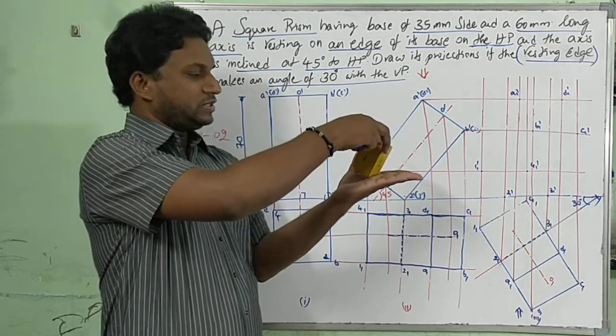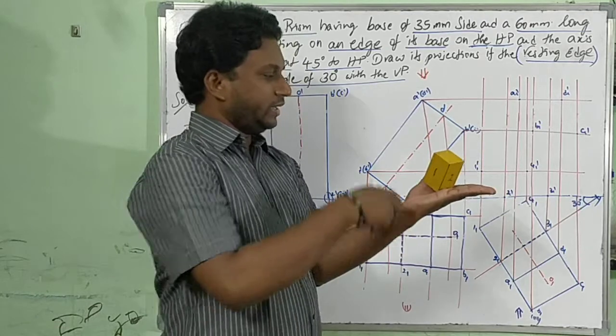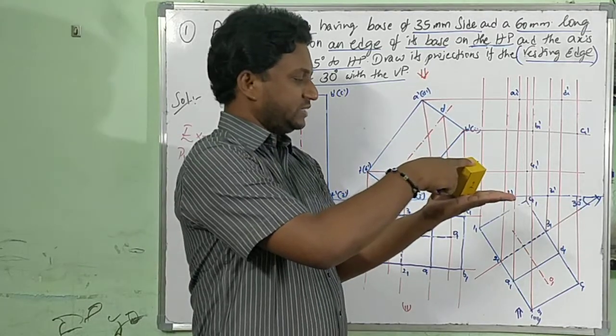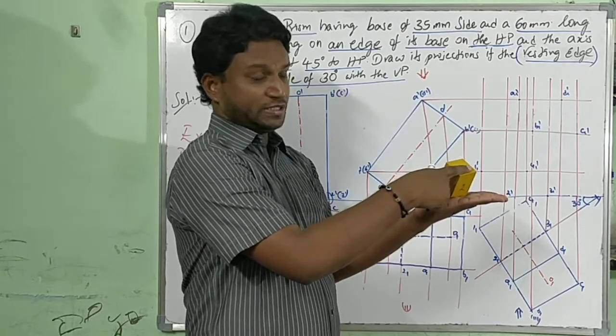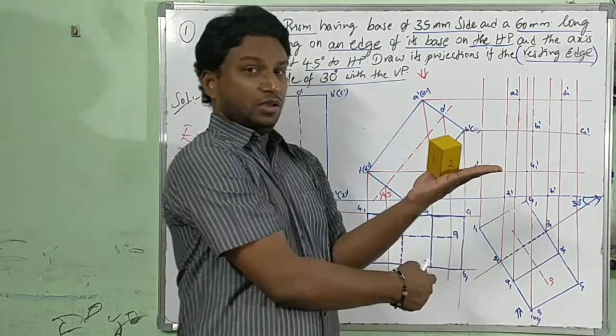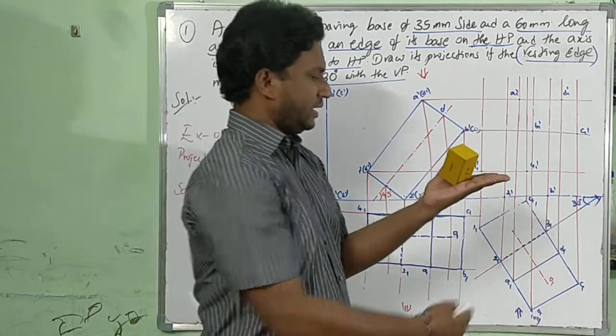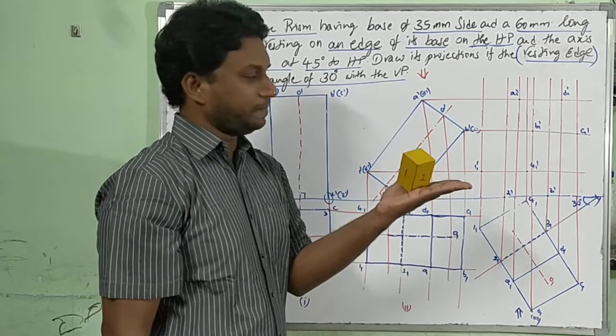Now with respect to this, 30 degrees. When it is rotated 30 degrees, this is the hidden edge at 30 degrees here. This is completely visible. So A1, B1, C1, D1 is drawn thick in the third position top view, and one edge, the bottom 2 1, 3 1, is drawn as hidden.